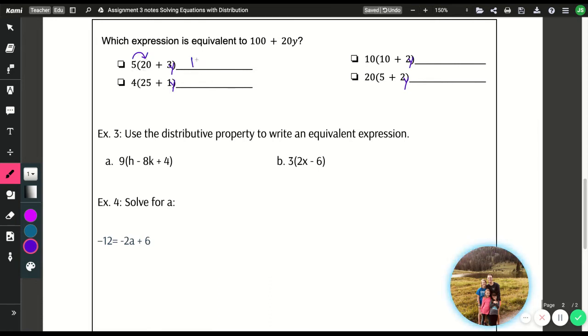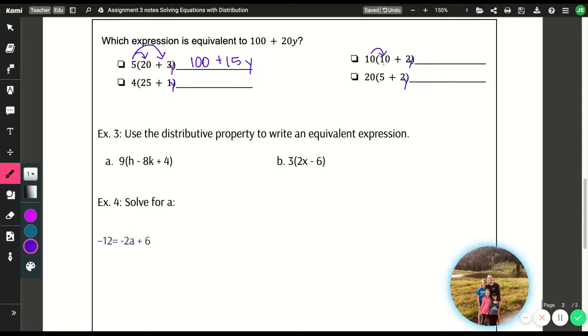5 times 20 is 100. So far, so good. But then 5 times 3 is only 15y. I didn't get 20y, so not going to work. Let's go to this next one over here. Starting with the 10 in the front, I'm going to distribute it in.